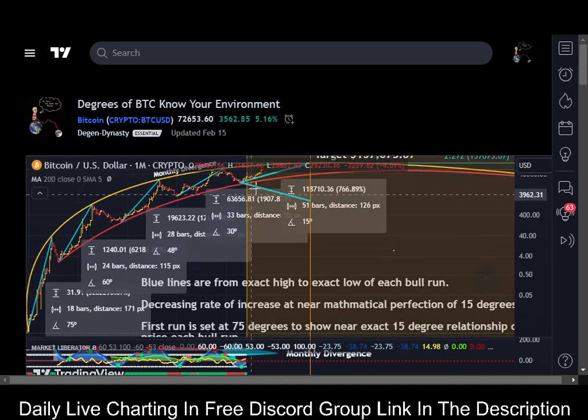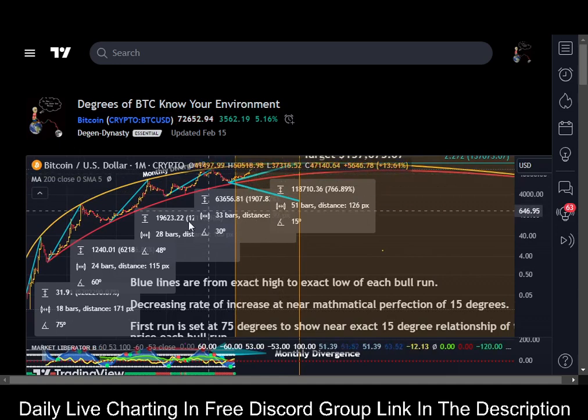If we press the play button, we all know where the price is. It's up here. But what's being highlighted on this chart is from the birth of the Bitcoin chart until now is this diminishing rate of returns, where if you draw a line on a log scale from bear market low to bull market high, bear market low to bull market high, same thing, bear market low to bull market high, each of these are 15 degrees apart.